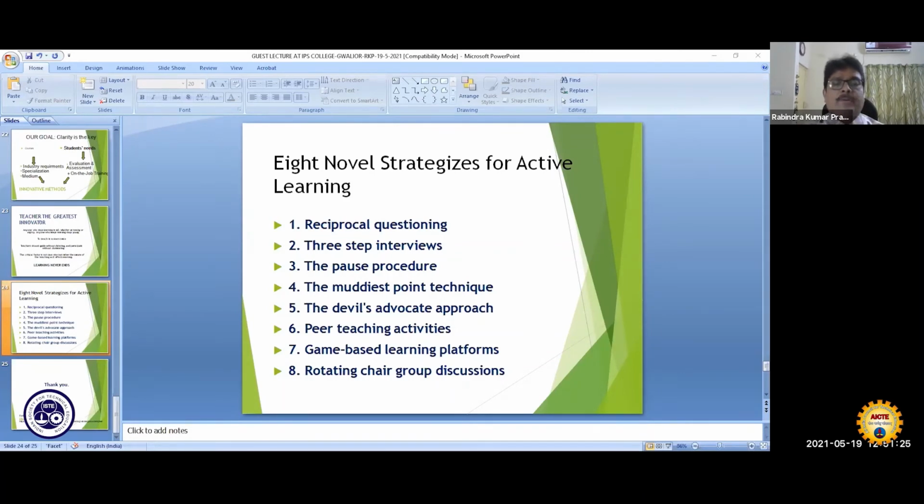The third important point is called the pause procedure. Use the pause procedure to include strategic pauses in your class lectures and enhance students' understanding of teaching materials. For example, arrange for a pause of 2 to 3 minutes between every 10 to 15 minutes of lecture time.